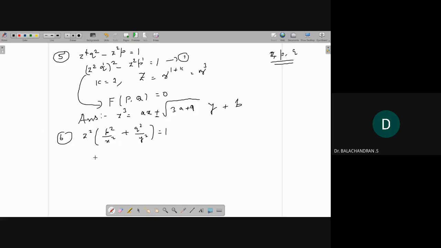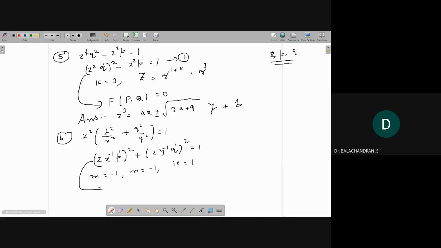Then you can write this problem as z x power minus 1 p whole square, similarly z y power minus 1 q whole square equal to 1. Here the power of p is 1, the power of q is 1. So m equal to minus 1 and n equal to minus 1 and k equal to 1.